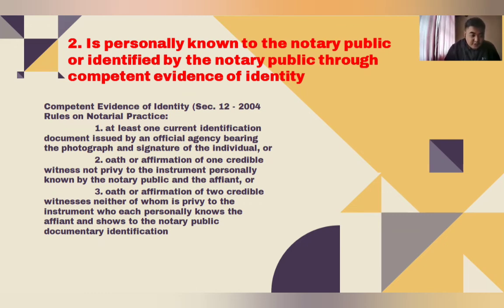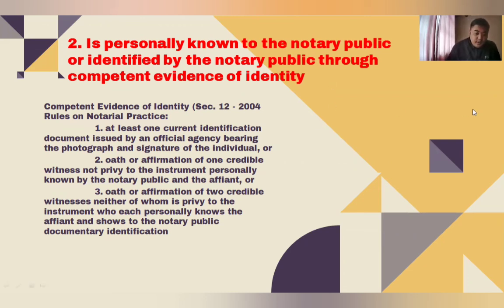As provided in the Rules on Notarial Practice, section 12, there must be at least one current identification document issued by an official agency bearing the photograph and the signature of the individual, or the oath or affirmation of one credible witness not privy to the instrument but personally known by the notary public and the affiant, or the oath or affirmation of two credible witnesses, neither of whom is privy to the instrument, who each personally know the affiant and show to the notary public documentary identification. The same with the first one.